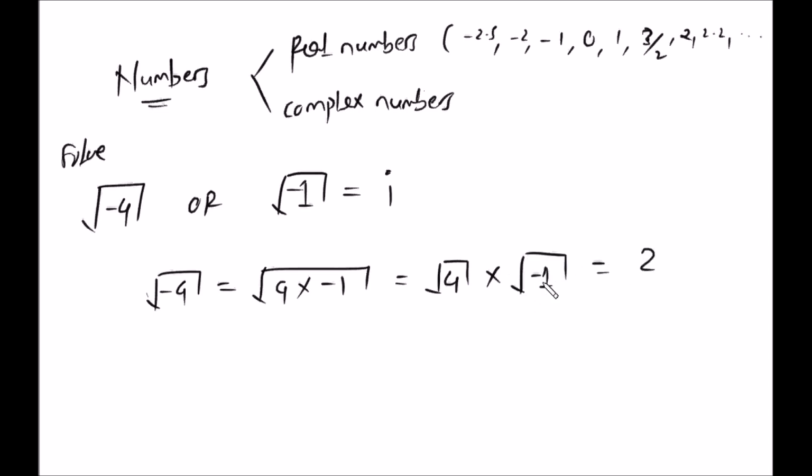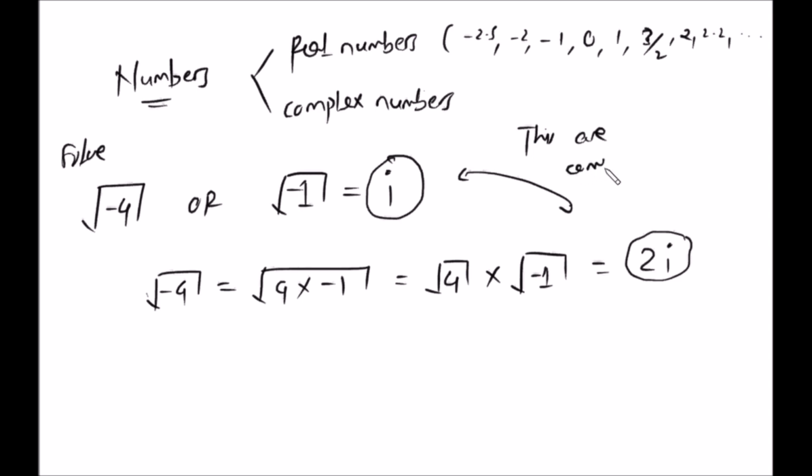Square root ya 4 ni 2, square root ya -1 ni i. Kwa hiyo 2i na yenyewe ni nini? Complex number. So 2i ni complex number, i ni complex number. So these ndo tunazihitaji, complex numbers. Sasa hizi complex number ndo kama tulivyoona tunazipata tukiwa tunatafuta the square root of a negative number.